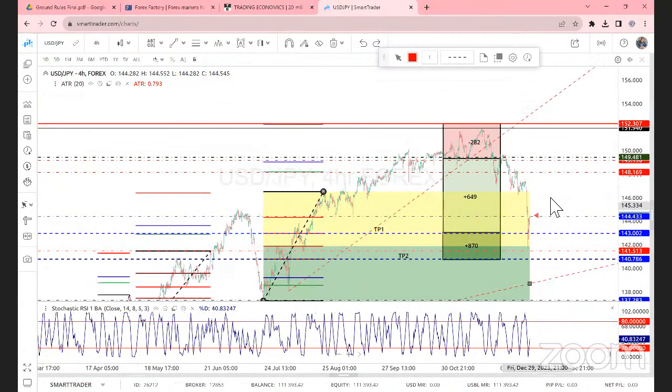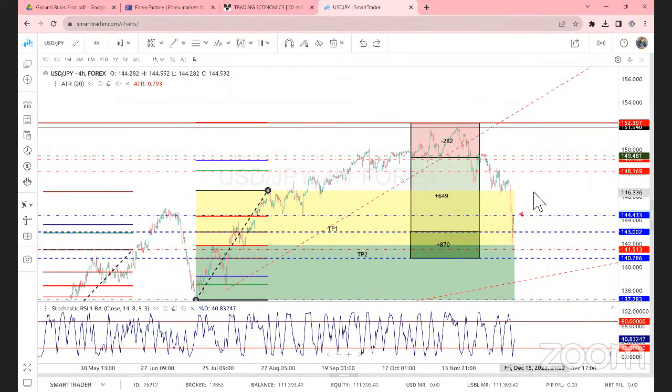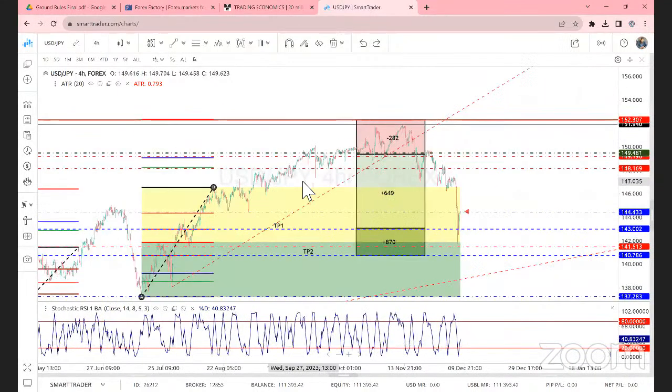See, we almost got TP2, right? But as far as that 649 pip take profit, we got it. So that's a pretty good risk to reward on that move on that 80-20. All right. Anybody hold that till TP1? Were you guys trading in and out of it, or give me some feedback on that?